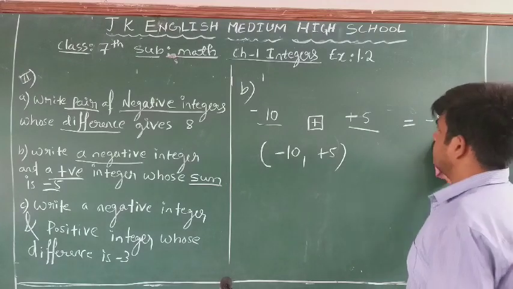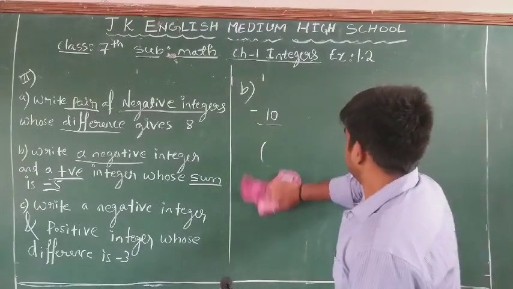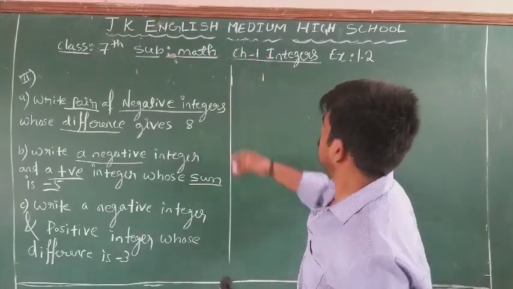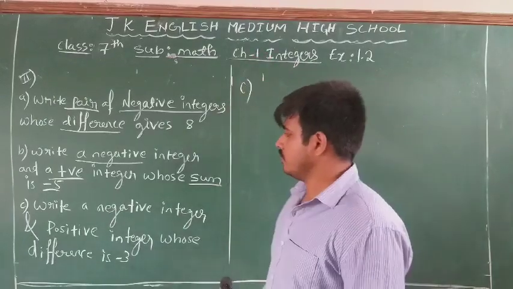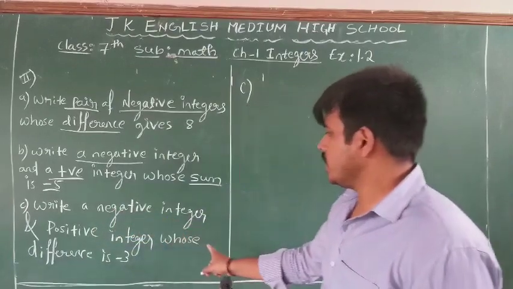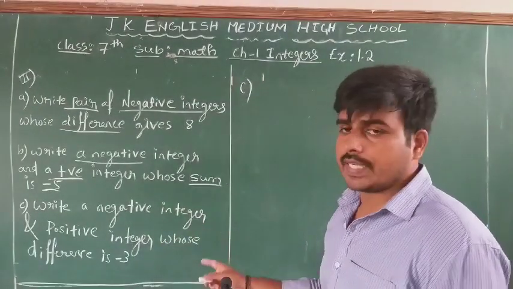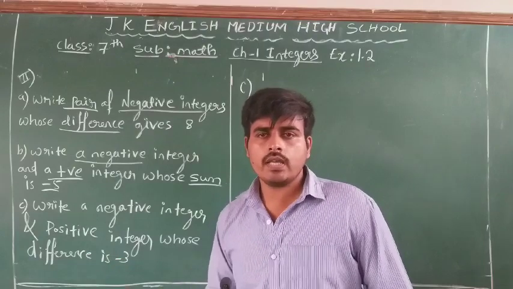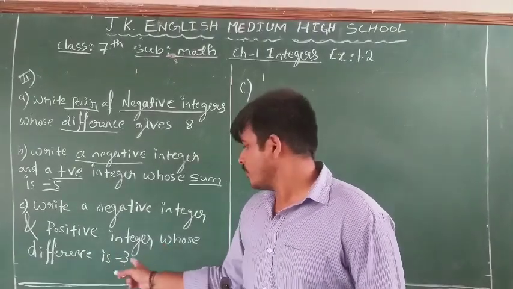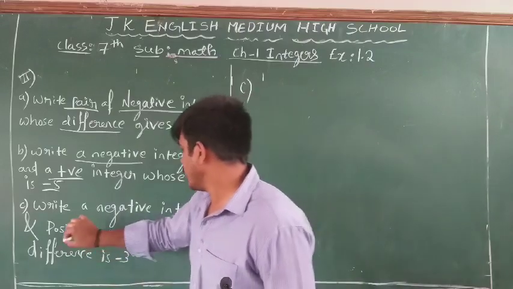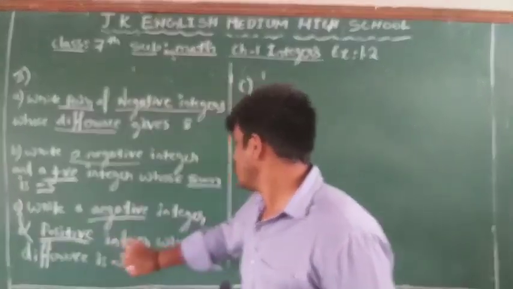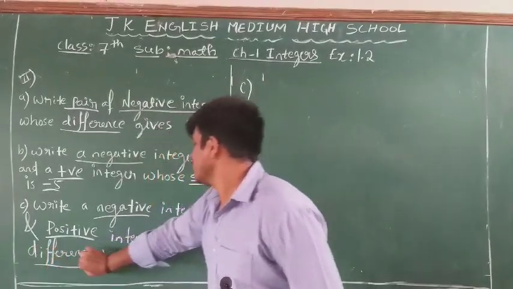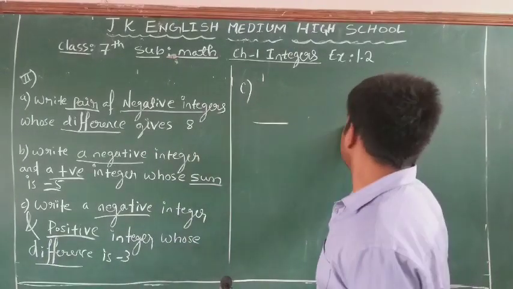Next, third one, question number C. Write a negative integer and a positive integer. Again here you have to take one negative integer and one positive integer whose difference is minus 3. One negative, one positive, whose difference is minus 3. Means two blank places.